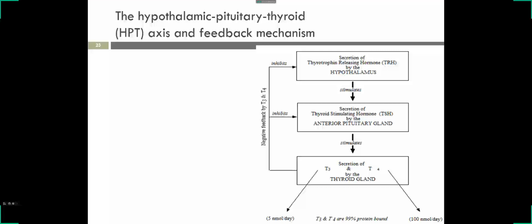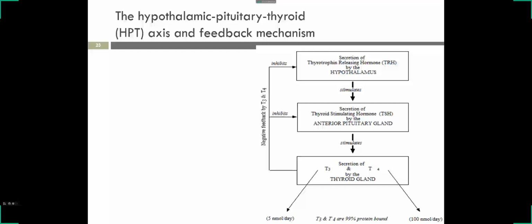This TSH then binds to the thyroid stimulating hormone receptor located within the thyroid, leading to that iodine trapping, and then eventual secretion of T4 and T3 by the thyroid gland.